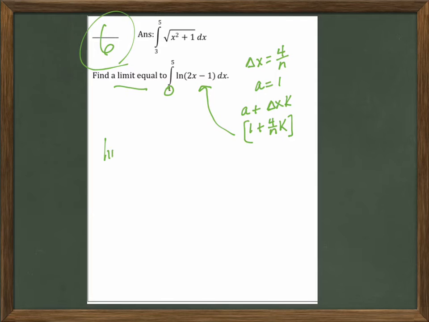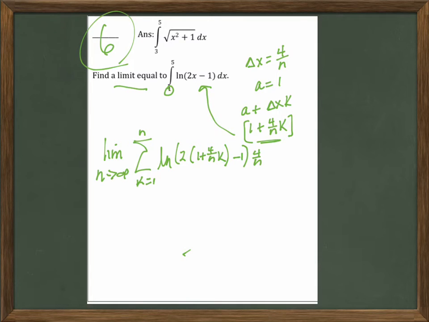So I would write the limit as n goes to infinity of the sum of k equals 1 to n of the ln, and then 2 times that right there, 1 plus 4 over nk, and still in the ln, minus 1, and then times 4 over n.